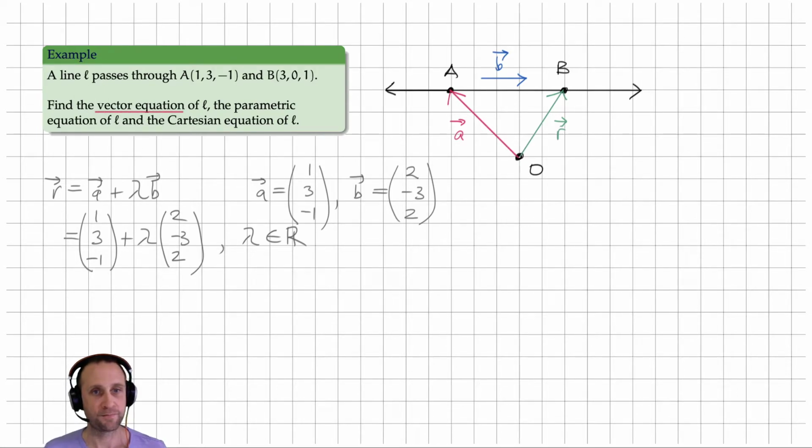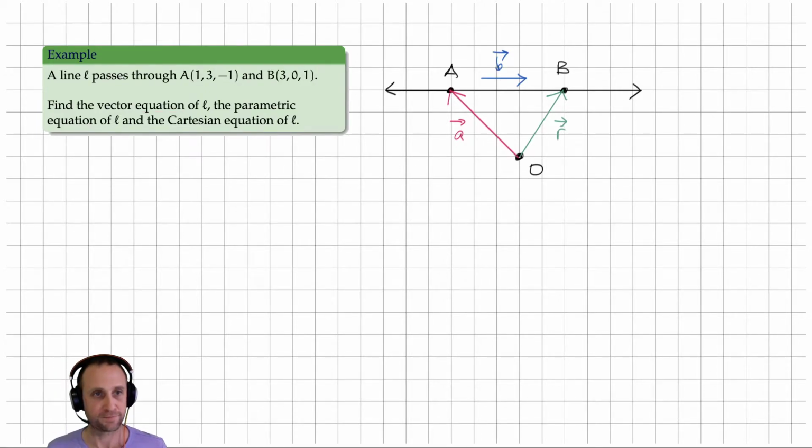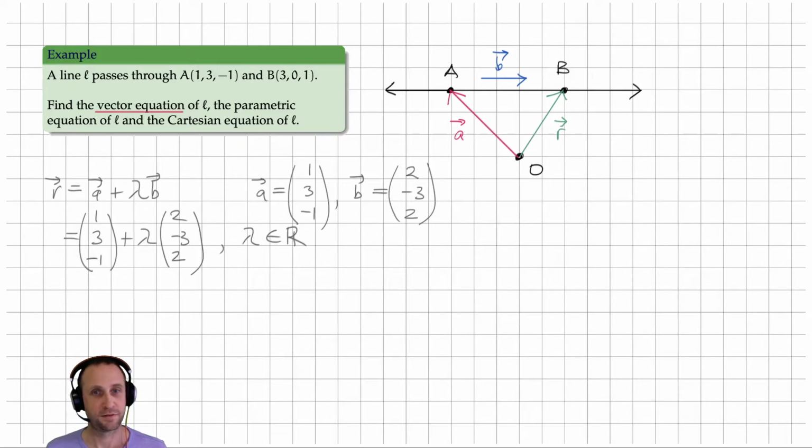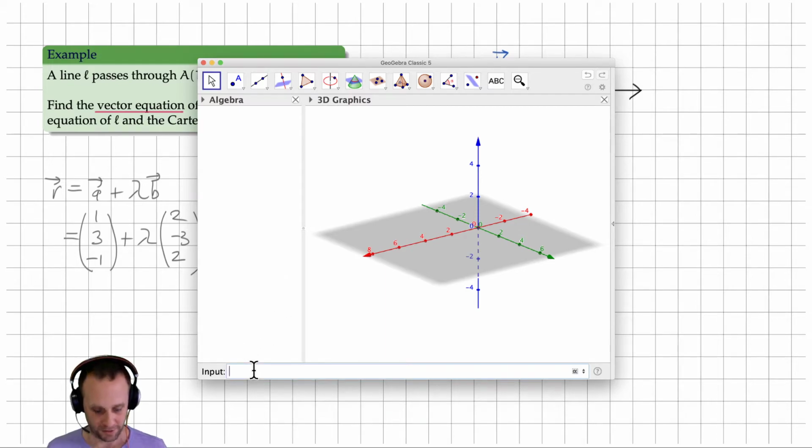of the line L. Let's go and just have a quick look in GeoGebra and see if we can replicate that. What happened there? That's weird. Don't know what happened there. So let's put in these points.